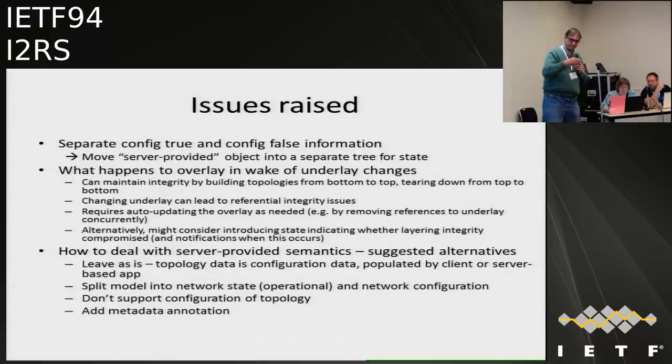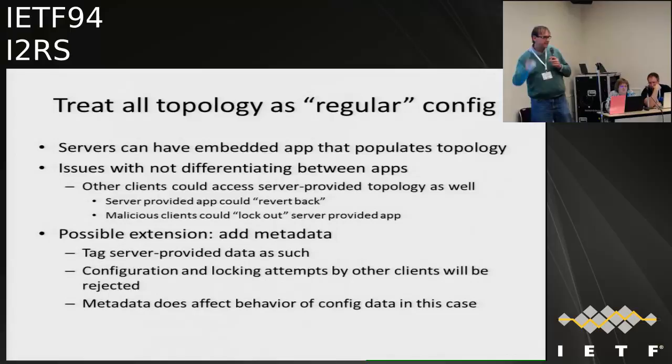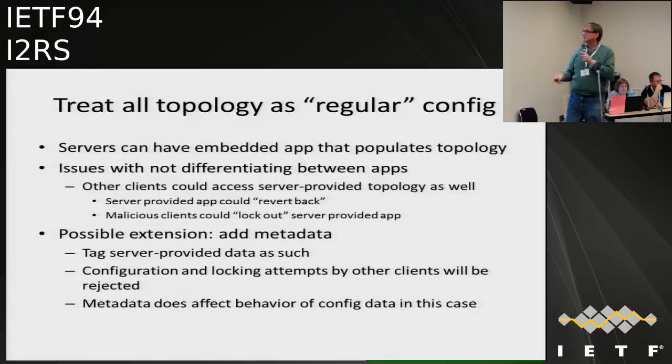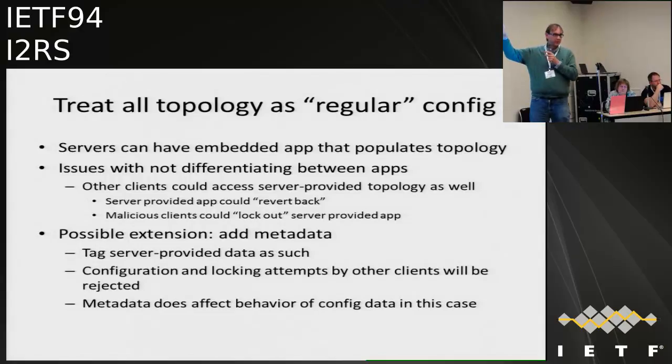Okay, so going forward. This discusses the different options. The first thing: we treat all topology as regular configuration. This means servers can have an embedded application that populates the topology.